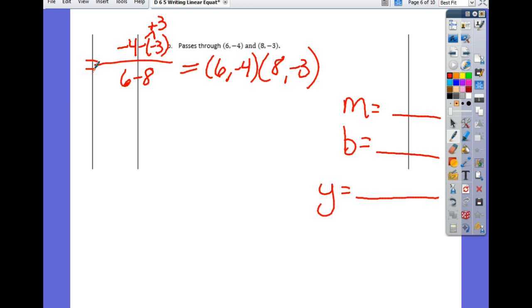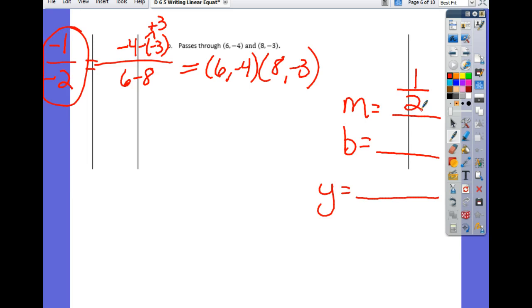For our slope, what do I end up for my slope? What's my numerator? A negative 1 over, what's 6 minus 8? A negative 2. And what does that simplify to? A negative over a negative makes a positive. So your slope needs to be a positive 1/2.